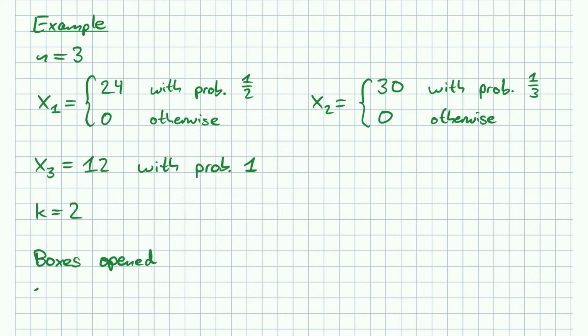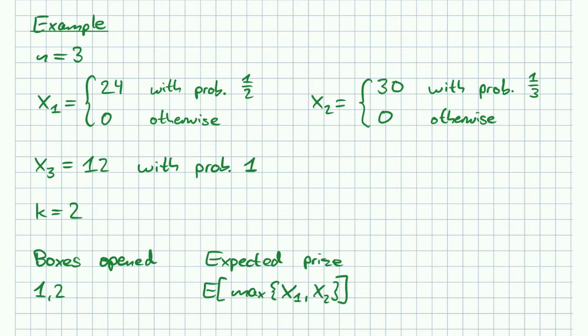So if we open boxes 1 and 2, what's the expected prize? This will be equal to the expectation of the maximum of X_1 and X_2. So this will be a third times 30 plus 2/3 times a half times 24, which is 18.